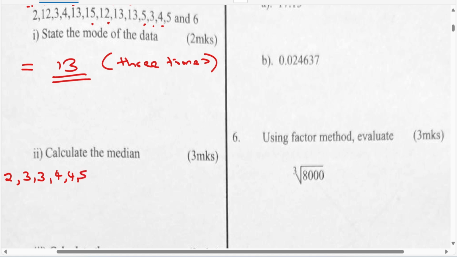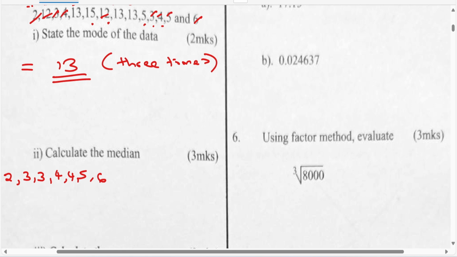Basically, if you're writing down, make sure you eliminate them also so that you avoid confusion. So one 2, two 3s, two 4s, one 5, and then you go to 6, one 6 as well. 7s, no, 8, 9, there is no 9, no 10, there is 11, there is 12, but two 12s.